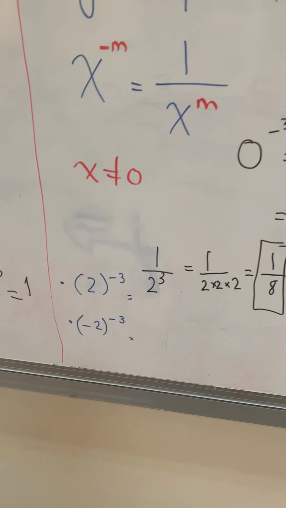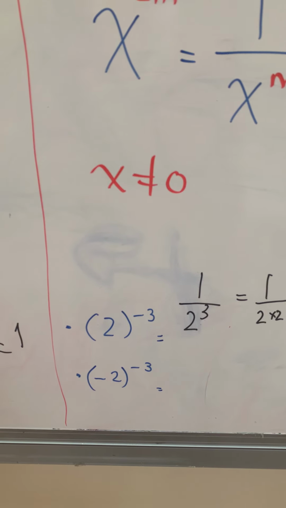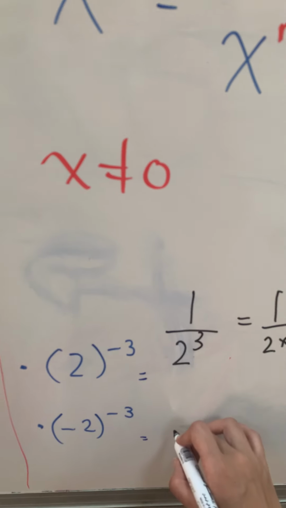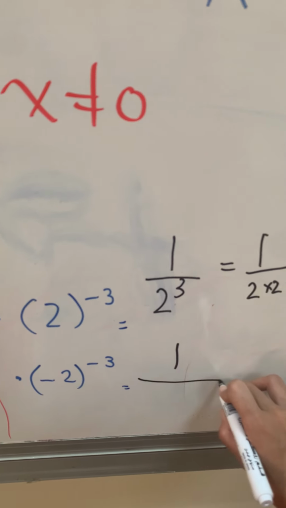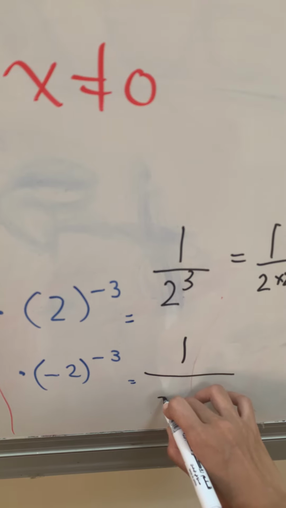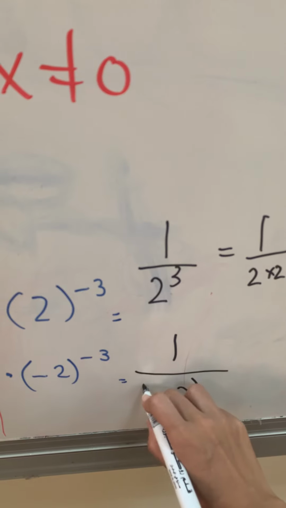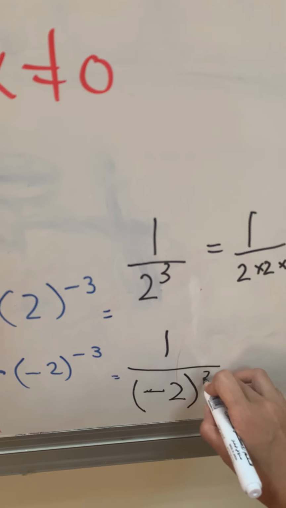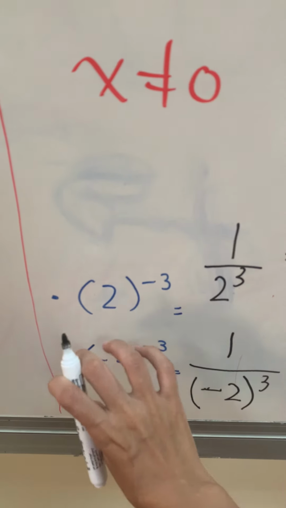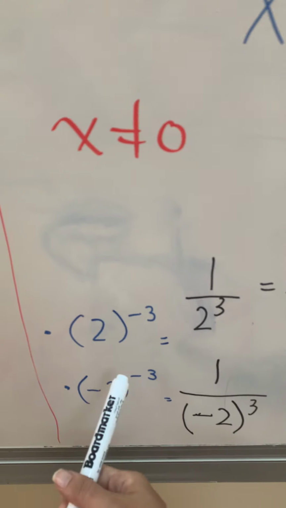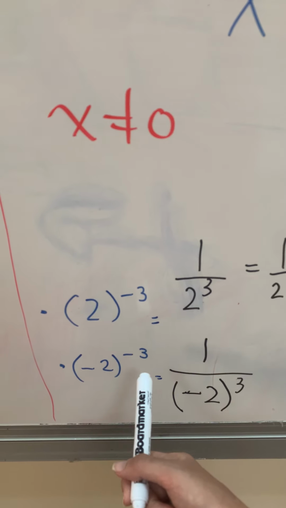Now, moving on to the second example. Now I have minus 2, all of it raised to the power minus 3. This is equal to 1 over minus 2, all of it raised to the power 3. You see, now here, what is my x? My x is minus 2, so I copy it as is here, and I just change the sign of the m. Here minus m, here m.